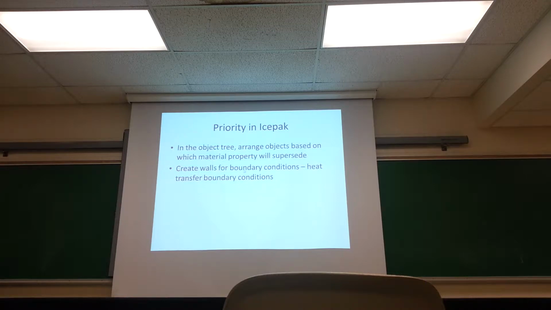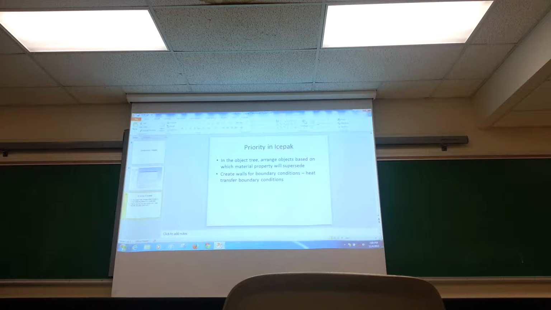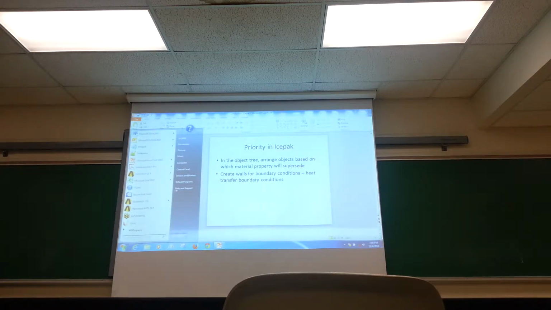Therefore, if you make the cabinet property none, it still forces you. You can't put boundary condition on the other objects. You got to actually create a wall. So let's now do a simple conduction problem, and then we'll go directly to the questions you have.